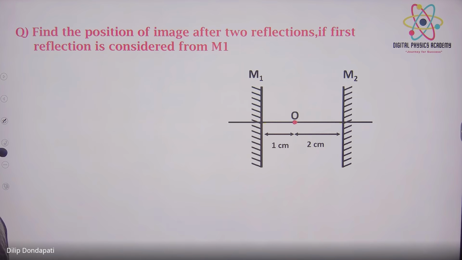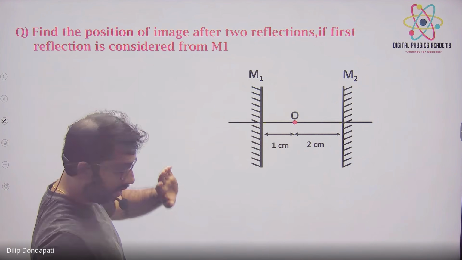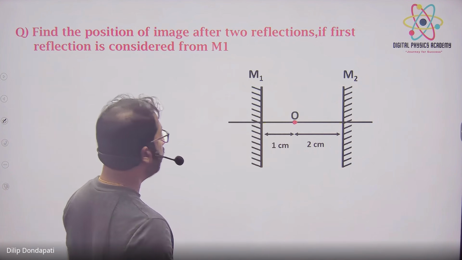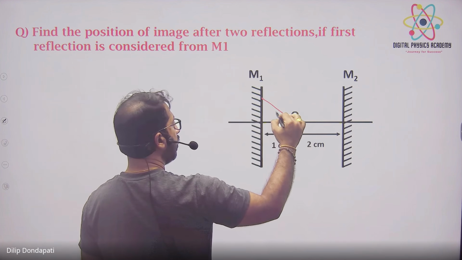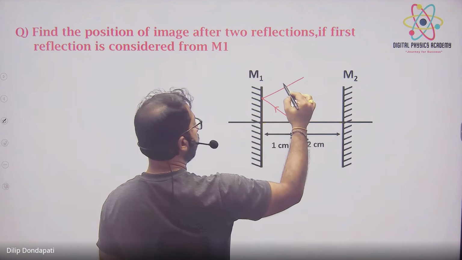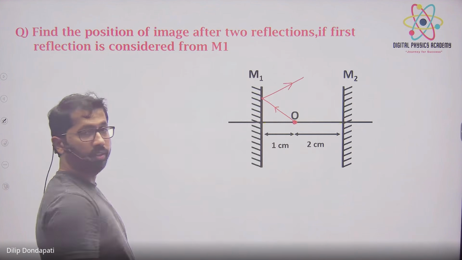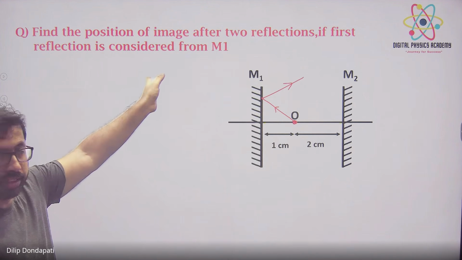If the first reflection is considered from M1, first reflection is from M1, मतलब ऐसे जाके ऐसे जा रहा है. First reflection ऐसा हो रहा है. Object mirror पर touch करके जा रहा है. Okay.